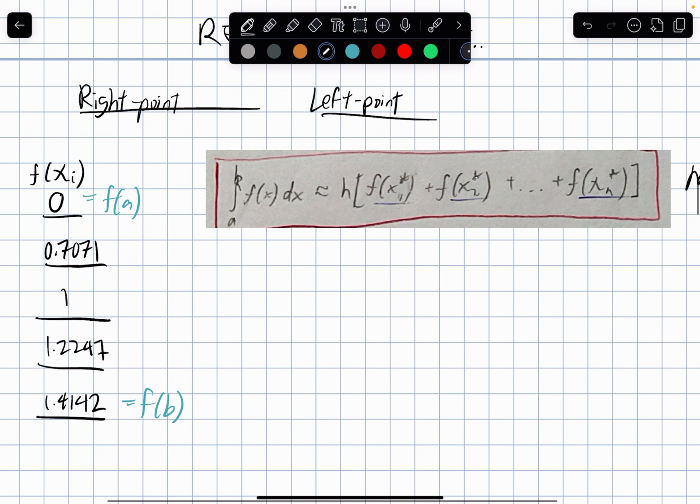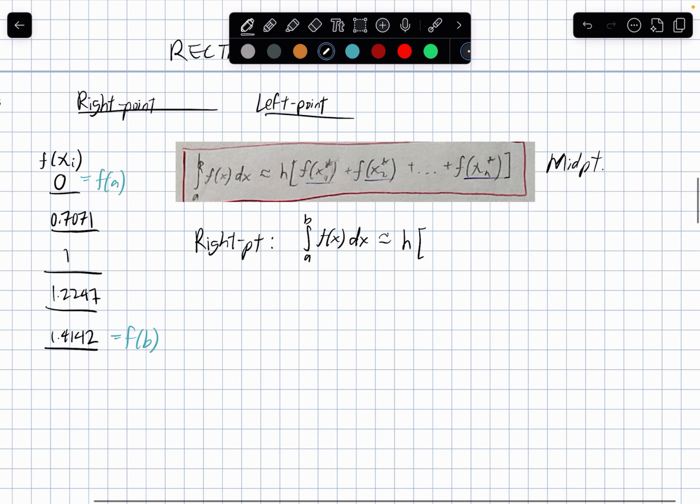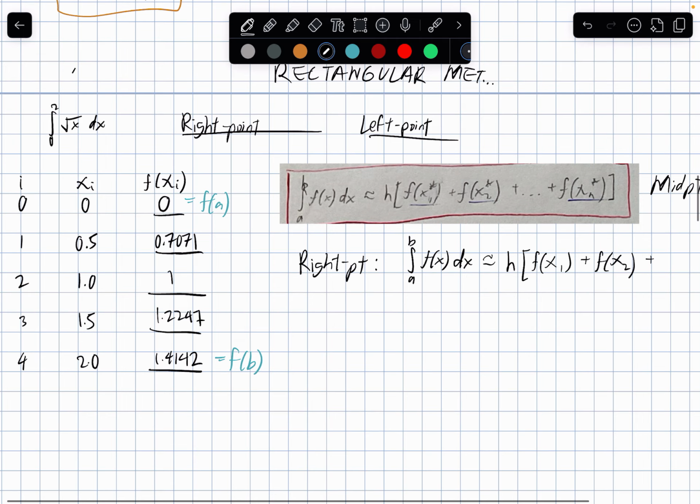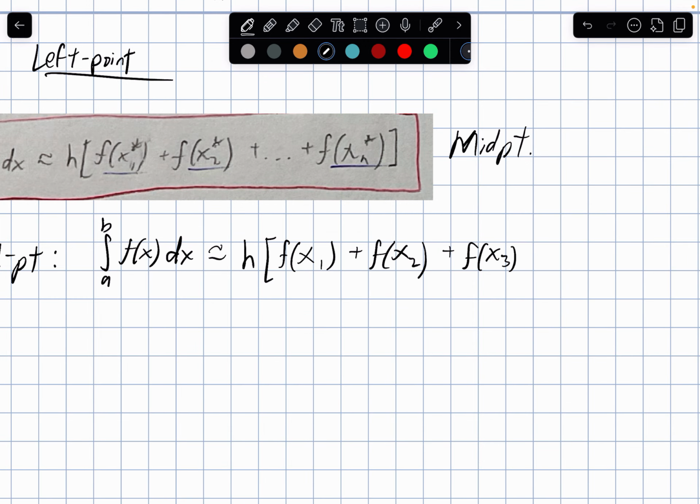How is this formula going to change if it's gonna be right point? So from a to b f of x dx is gonna be equal to the height. Nandun pa rin yung height. But this time, right point, no? So we start with f of x sub 1. Then f of x sub 2. And then etc. In this case, since we still have instruction to involve 4 subintervals, hanggang f of x sub 4 tayo.